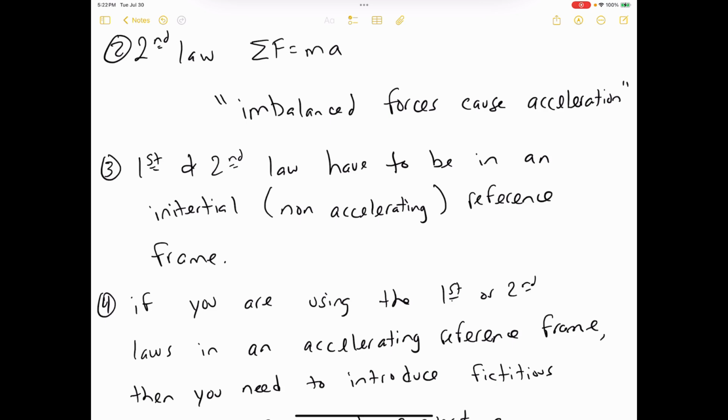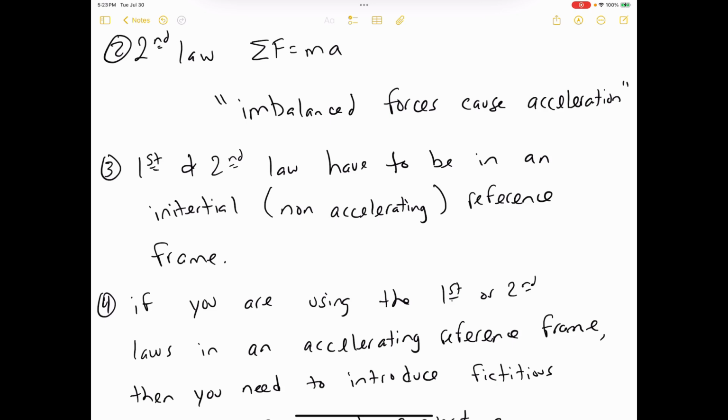If you're looking at a ball, like I have this ball, for example, and I want to compare it to the Earth, well, technically, of course, the Earth is accelerating because it's moving in a circle. But we count the Earth as an inertial reference frame, as a non-accelerating reference frame.